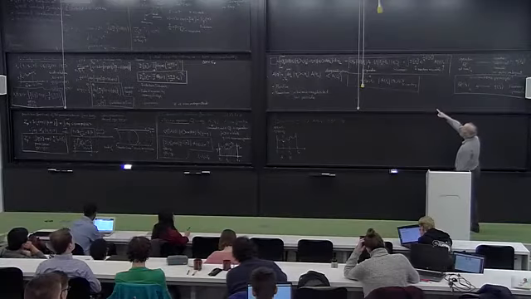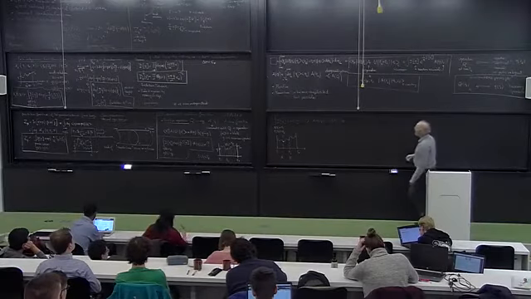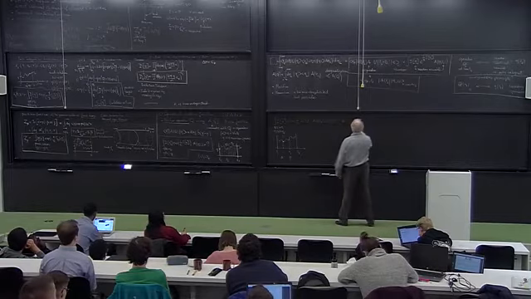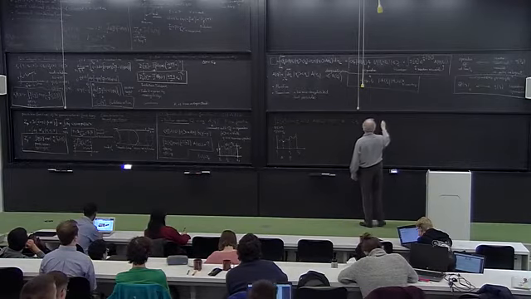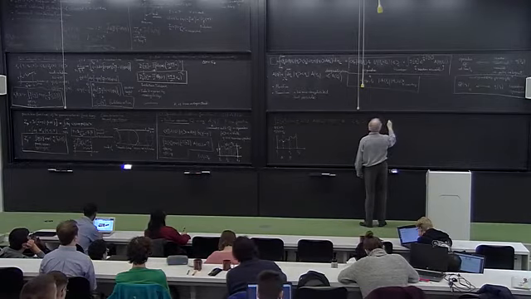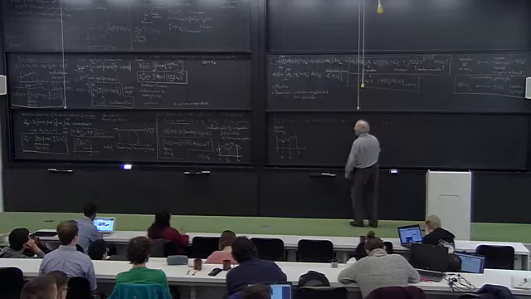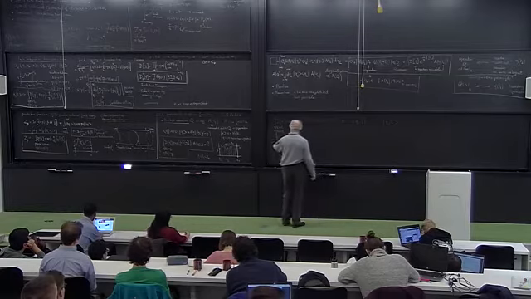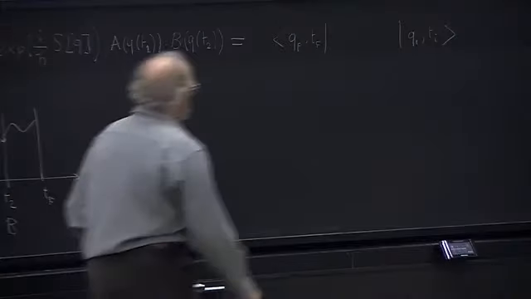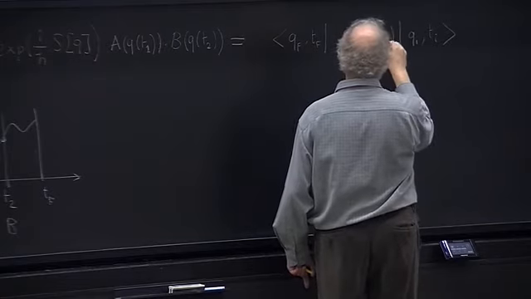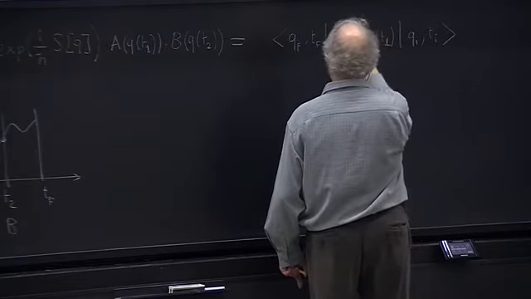What you get is, for instance, in the Heisenberg representation, the matrix element between the states QF at time T final and the states Q initial at time T initial, of A of T1 times B of T2.